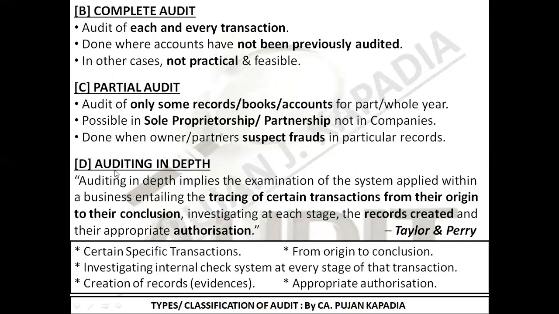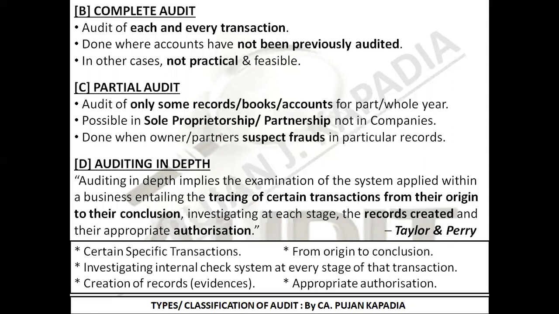The last and important one, from the 2 marks viewpoint also, is auditing in depth, under which I had talked about audit trail. That is, I am tracing each and every transaction from its origin to its conclusion. That is, I am examining the smallest detail of each and everything in relation to the transaction, from the inception till the end.